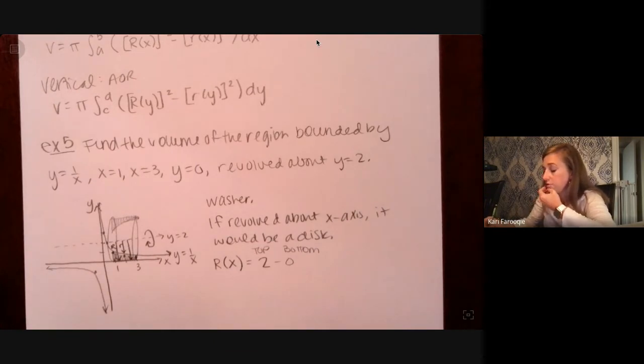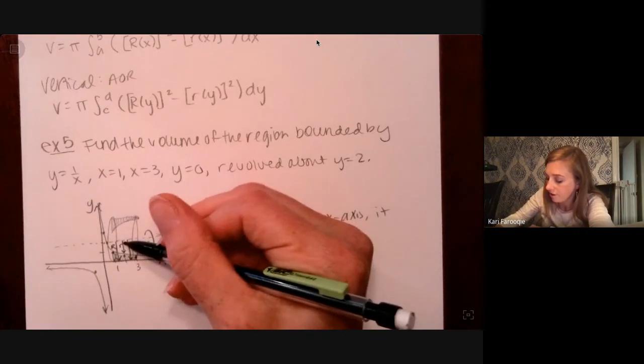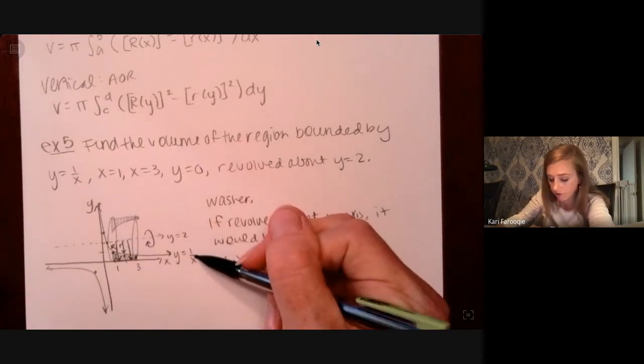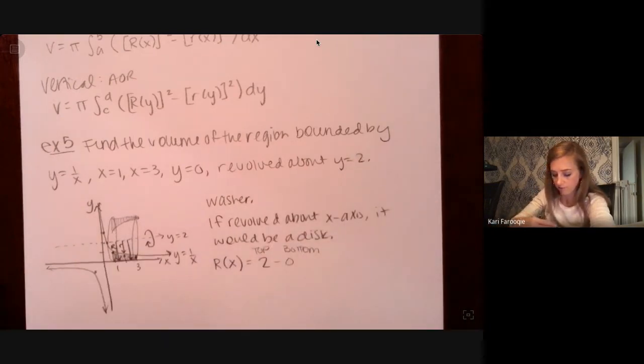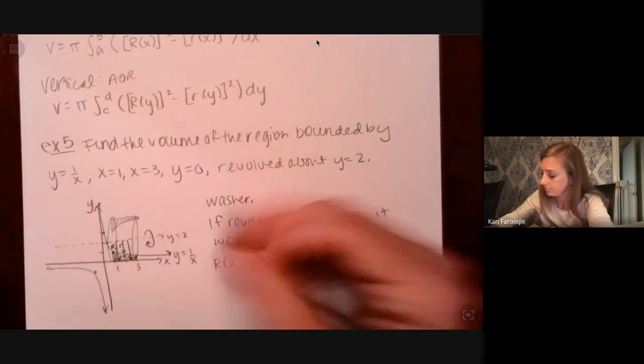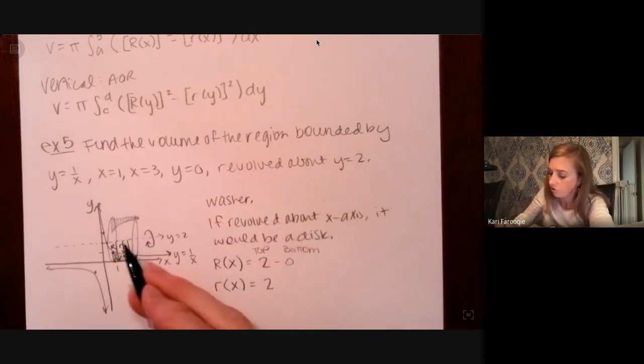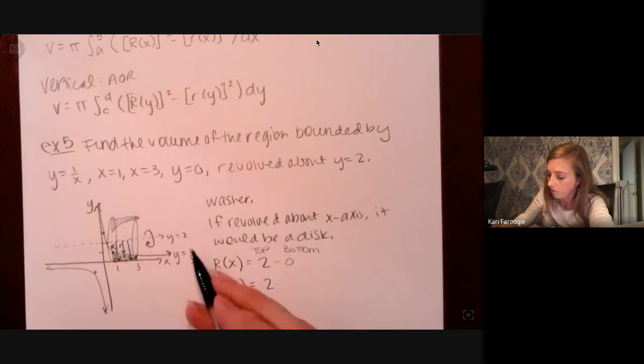But little r you can also find by going top minus bottom. This time, though, the top is 2. The bottom is 1 over x. So my top is still going to be 2. My bottom is 1 over x.